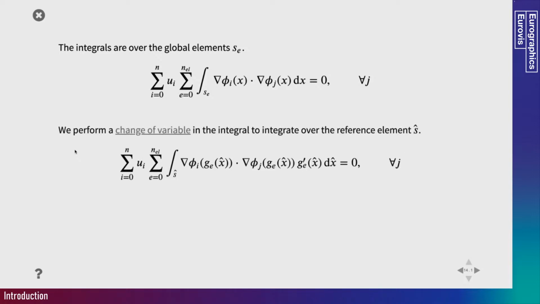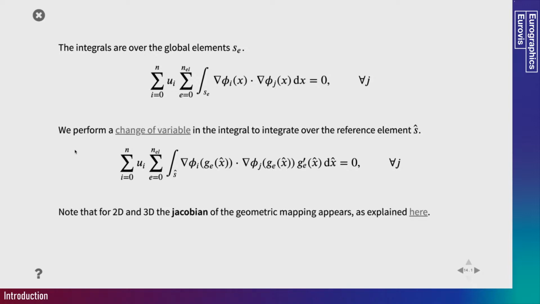What we will be doing here is use again high school math, which is the change of variable in integrals. Here it becomes a little bit more complicated because we have more integrals and more stuff in, but this is really straightforward and simple. What I just want to note is that when we change the integral from integrating over an element S_e to the reference element, there is a G prime appearing, which is the change of scale from the actual element to the reference element.